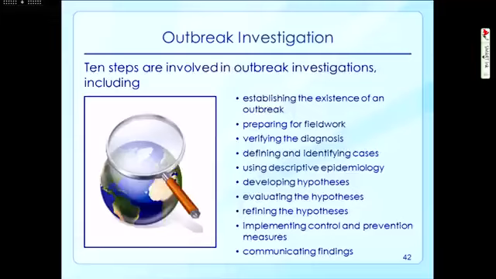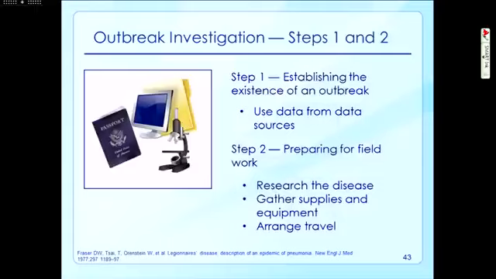Now, only in theory do these activities of an investigation roll out in this nice, coherent order. In fact, it's often more fluid, and you need to be more flexible based on the actual situation at hand. Now, let's go through these 10 steps, going back to our Legionnaire's disease investigation that we discussed earlier.